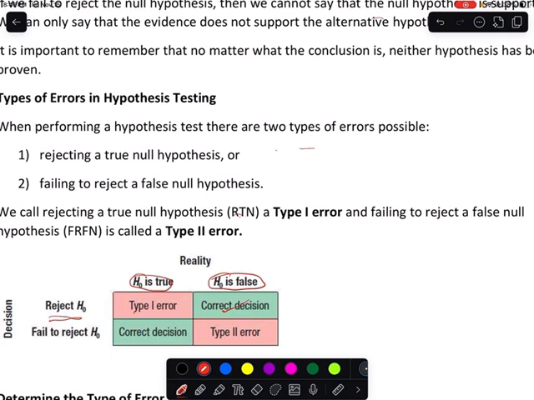The other type of error can be fail to reject H0 when the H0 is true. Right? So if H0 is true and we fail to reject it, then it means we kept H0, it means correct decision. But if H0 was false and we fail to reject, then it's called the type 2 error.